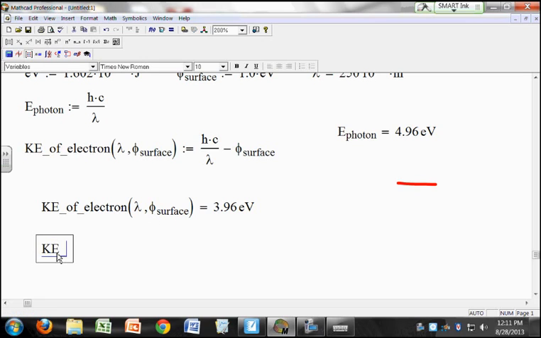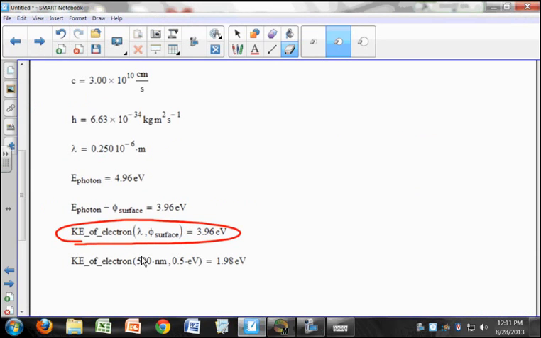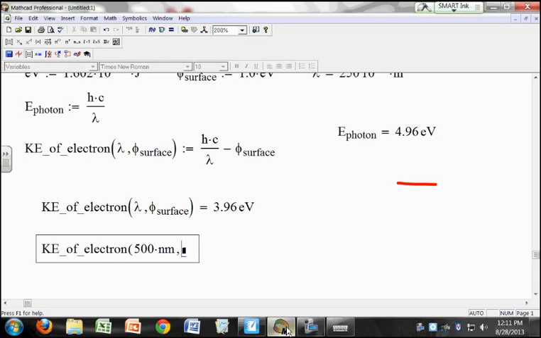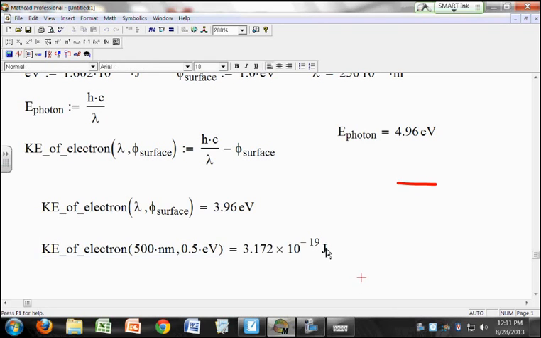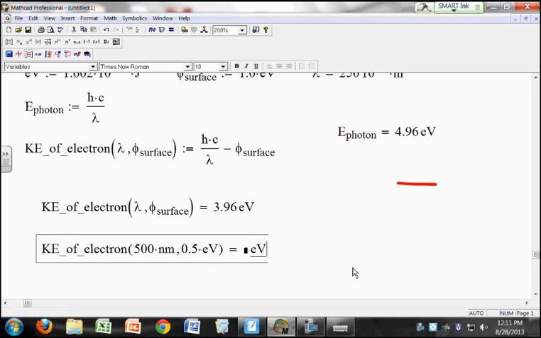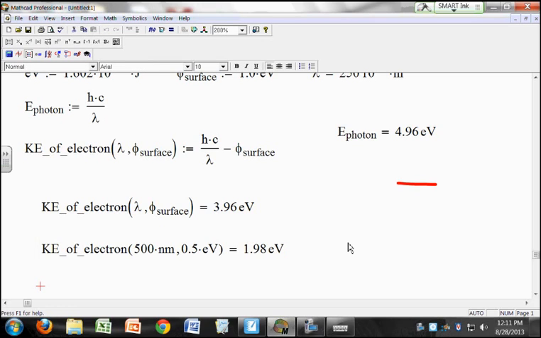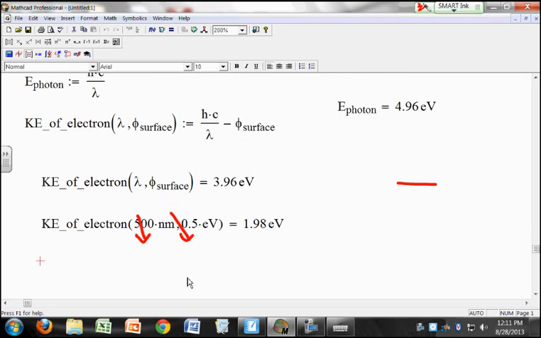So I can say KE of electron, let's say for 500 nanometers, comma, phi, let's say 0.5 electron volts, equals, and you can see that's the answer in joules, or in electron volts, it's 0.98 electron volts. It made a substitution of 500 nanometers for lambda and 0.5 electron volts for the phi surface.